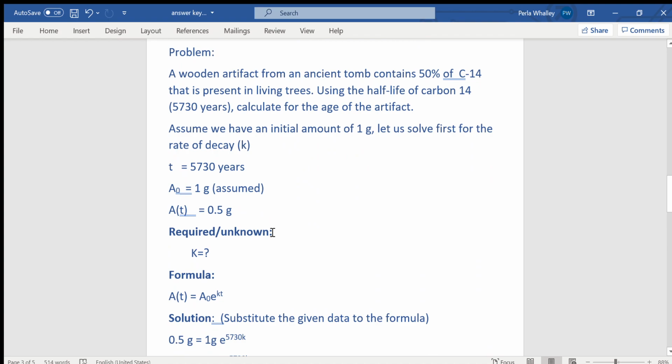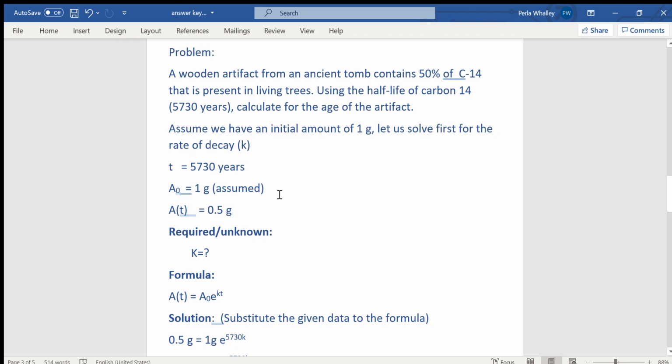It says, a wooden artifact from an ancient tomb contains 50% of the carbon-14 that is present in living trees. Using the half-life of carbon-14, 5,730 years, calculate the age of the artifact.